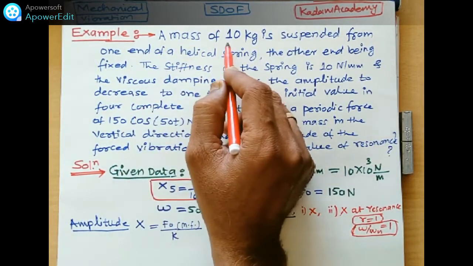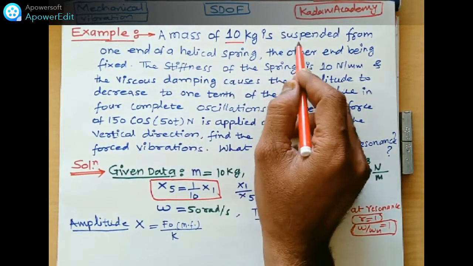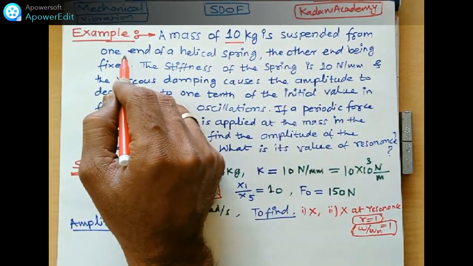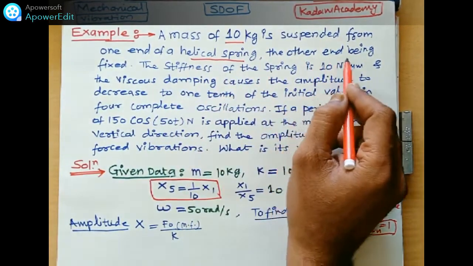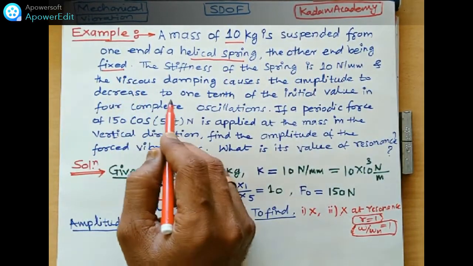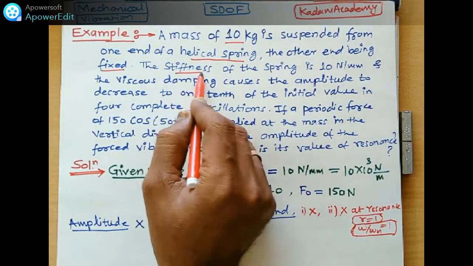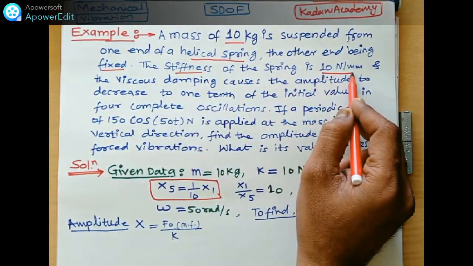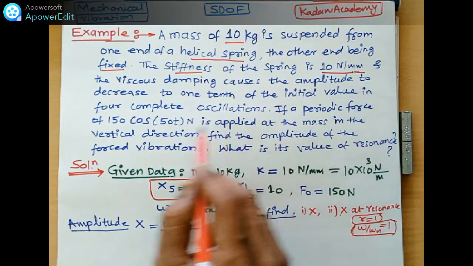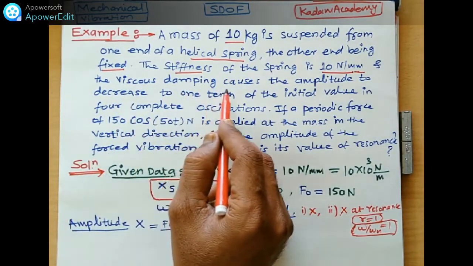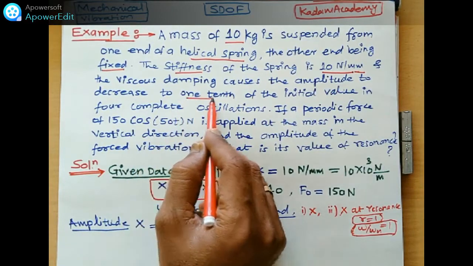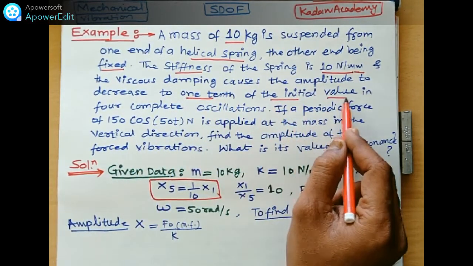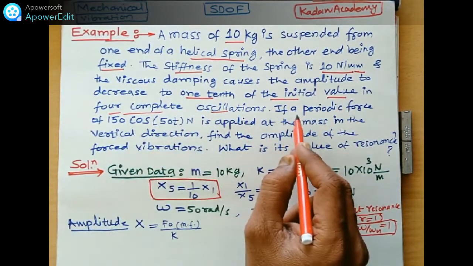A mass of 10 kg is suspended from one end of a helical spring, the other end being fixed. The stiffness of the spring is 10 Newton per millimeter, and viscous damping causes the amplitude to decrease to 1/10 of the initial value in four complete oscillations.